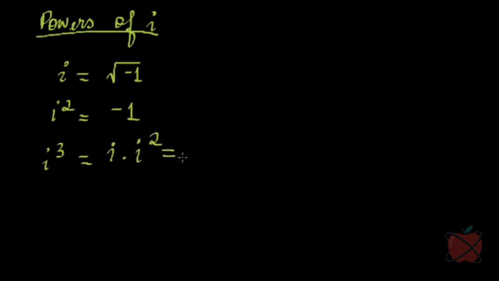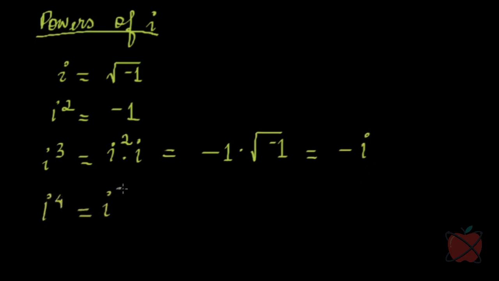Or in other words, i square times i, which means minus 1 into root over minus 1, and this means minus i. Okay, let's see i to the power 4. This means i square into i square. And that means minus 1 into minus 1, and that means 1.